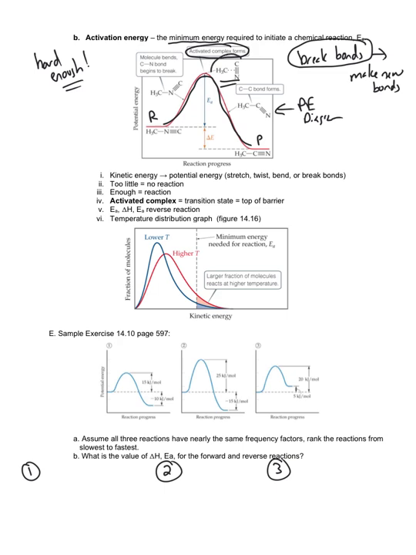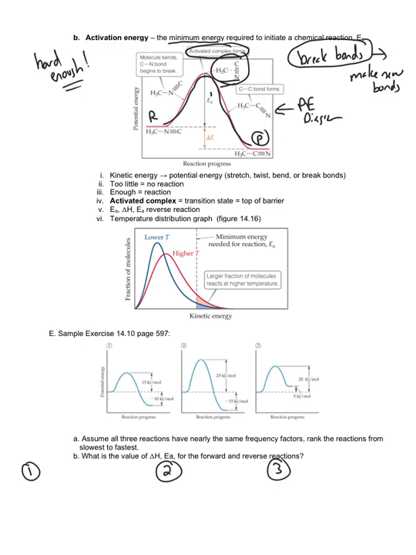So we can see here we've got a structure in which the molecule could go either way. We could make products or we could go back to reactants. Okay? In essence, the molecule is in a state of flux. It could go either way.